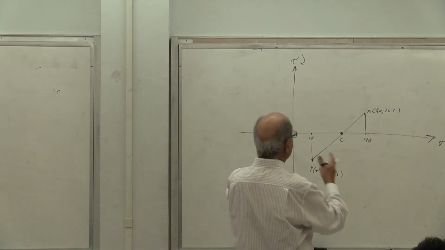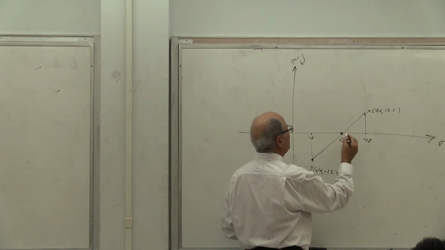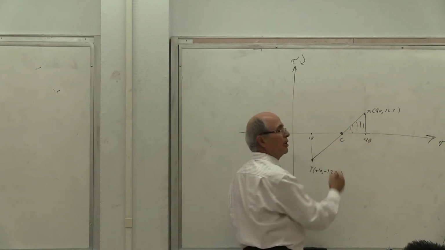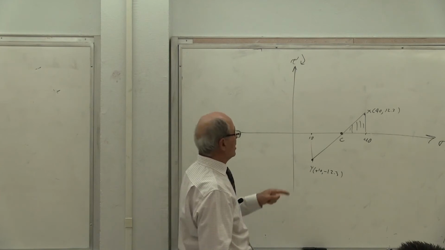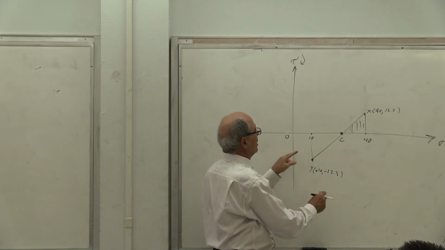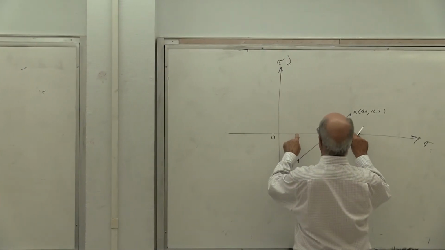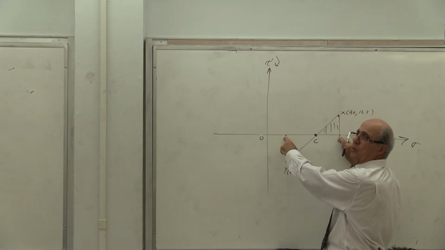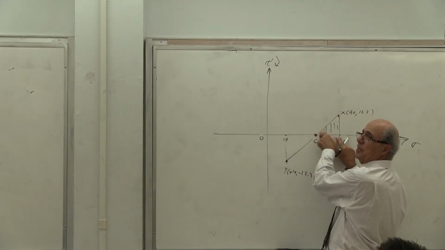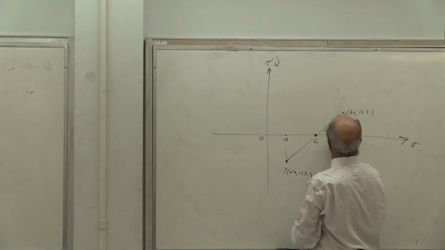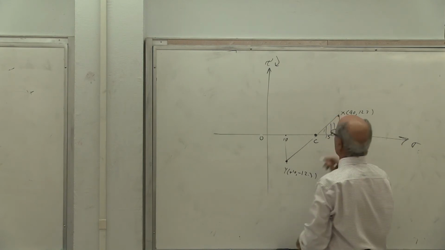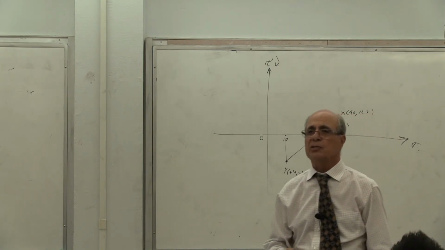It's all sitting here. You only need this triangle or the other triangle. Everybody understand that? Now, what is this length OC? Notice this is 10, this is 40, so 10 to 40, that's 30. Half of that is 15. So this is 15, and this is 12.3. Look how simple that is.